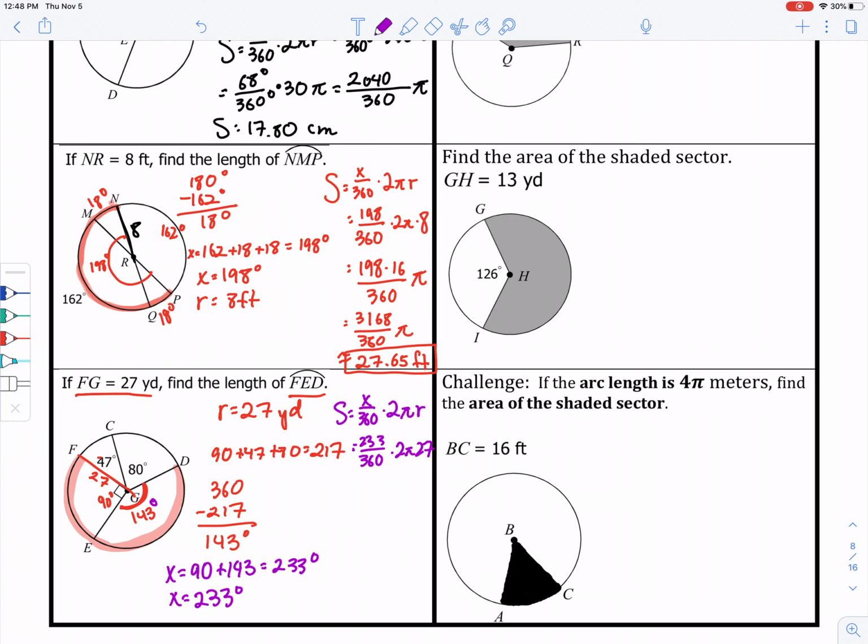And we're going to simplify it down. 233 times 54 over 360 and times pi.